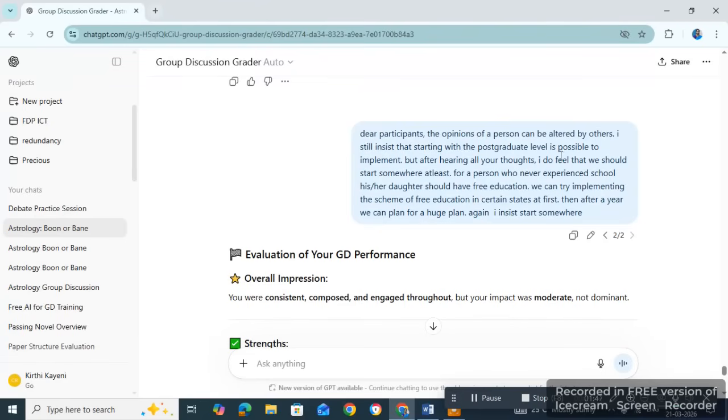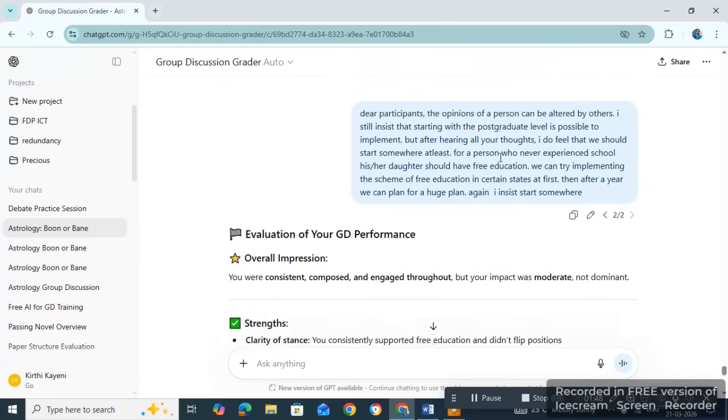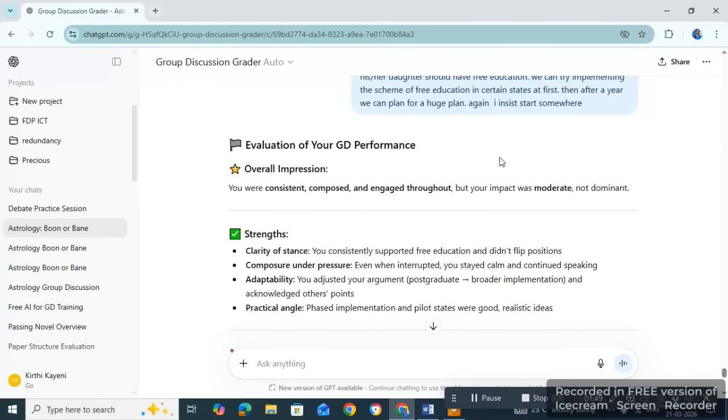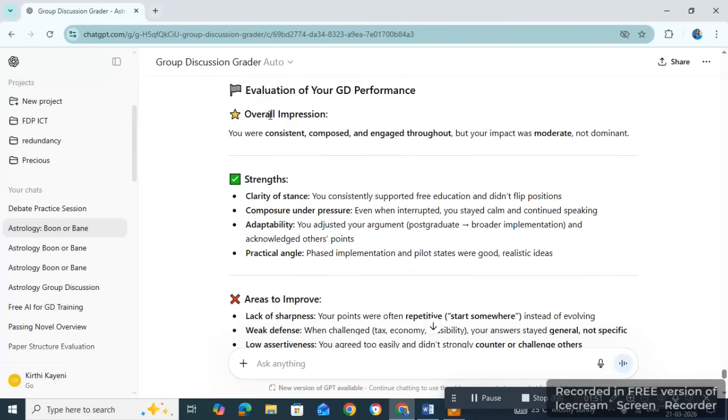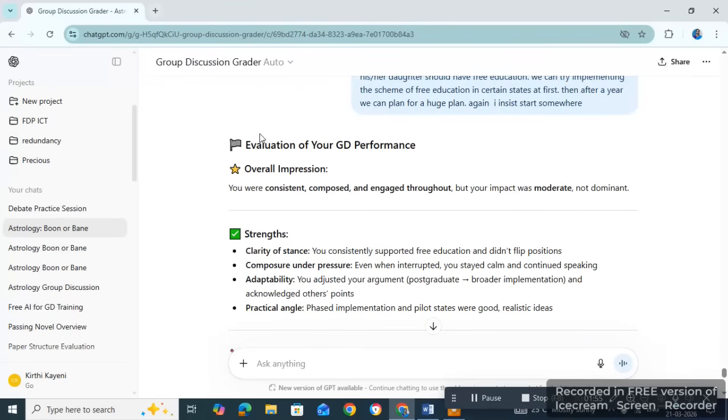Once you train yourself like this with the help of AI, your real debating skills and your assertive skills will really improve. You can go with your peer groups or your friends to practice sessions based on these topics. So it is really helpful to improve your group discussion skills.